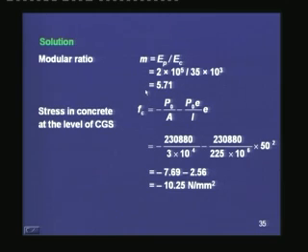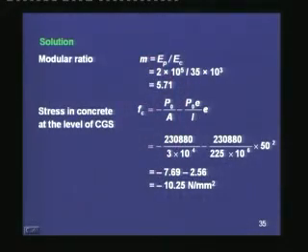Next, our objective is to find out the stress in concrete at the level of CGS. So remember that when we are calculating the creep strain, we first need to know the elastic strain, because then we multiply the elastic strain by the creep coefficient to get the ultimate creep strain.